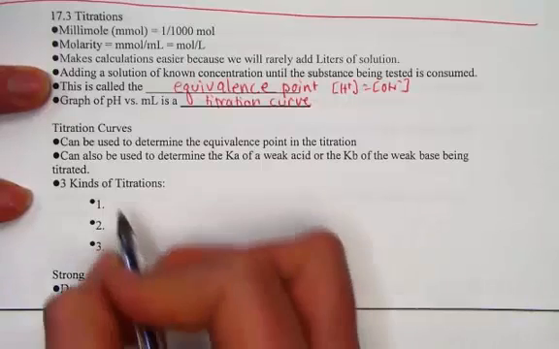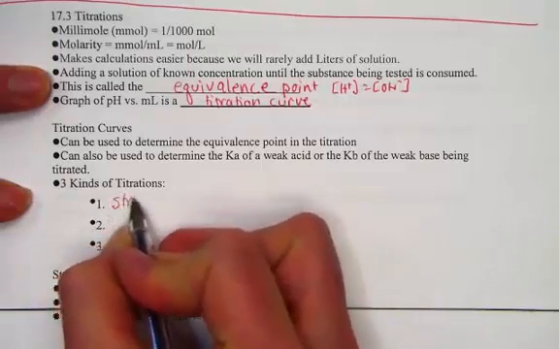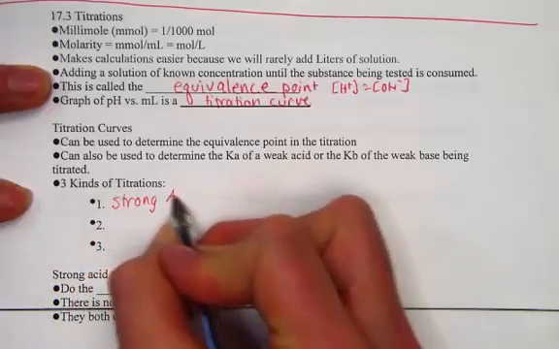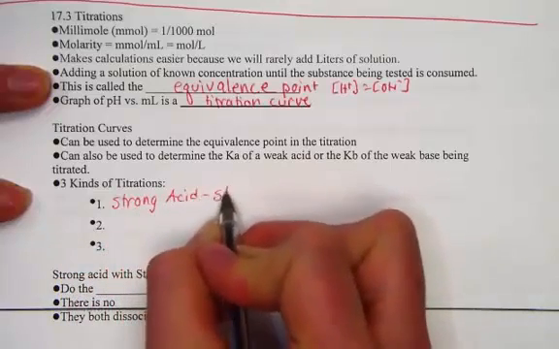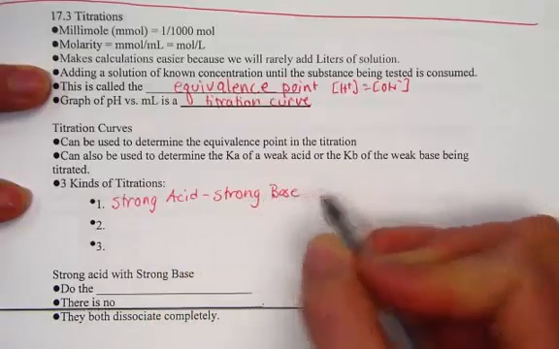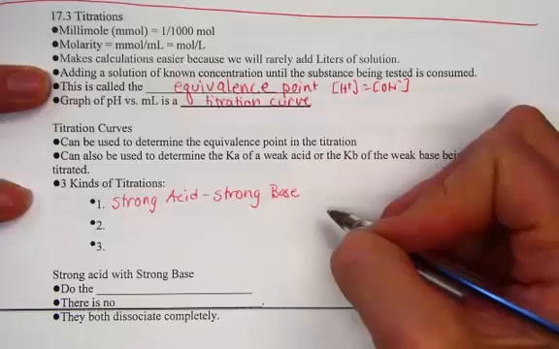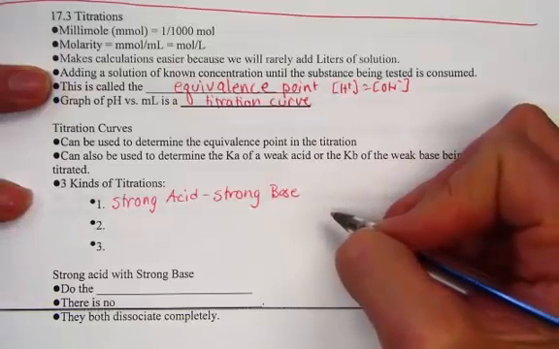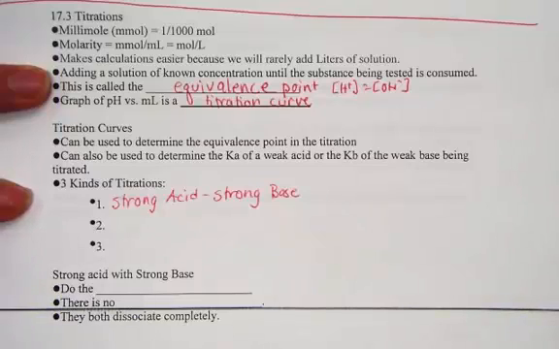So having said that, we will examine three kinds of titrations in our notes. We will examine strong acid versus strong base, strong versus strong. We remember the 7 strong acids, and those that are water-soluble hydroxides create strong bases. Strong versus strong is a unique stoichiometric ratio.